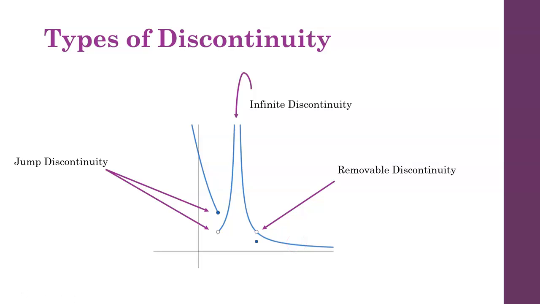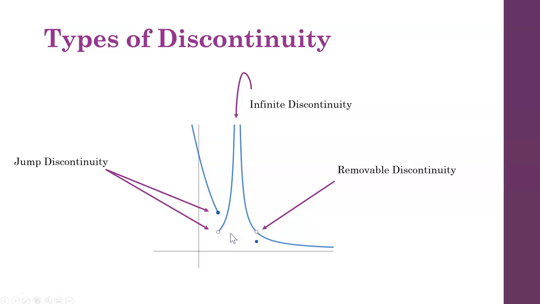Okay, and sometimes when we have a situation like this where I have a jump discontinuity, we talk about it being continuous from one side. So if you notice, the limit in this case from the left actually matches where the function is defined, but from the right it doesn't.